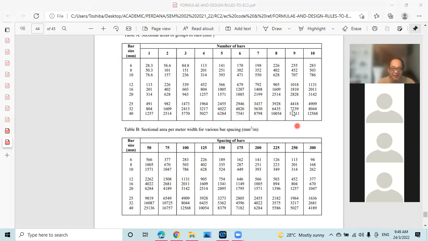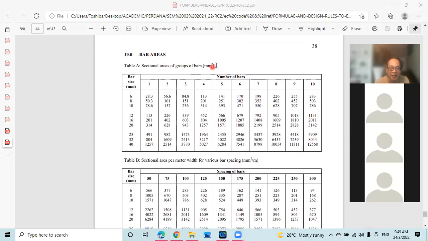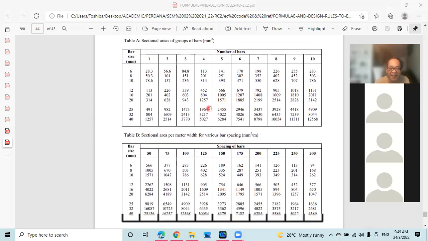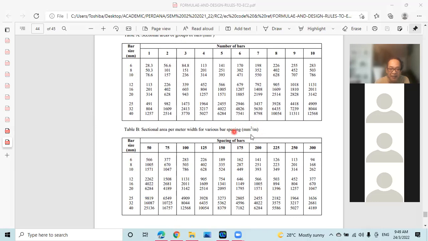Retaining wall, still referring to the same table. So there are two. One is based on millimeter squared, AS per bar. The other one, the lower table, is millimeter squared per meter. So we are referring to this table, Table B, sectional area per meter width. Okay. We are referring to this for staircase, and for slab too, for that matter.